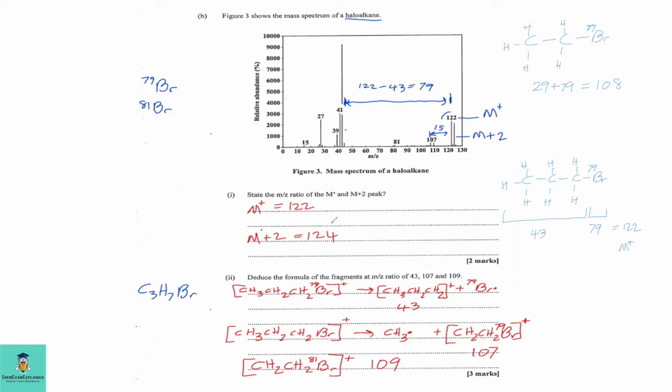So for 124, we use the same Br, but we're going to change the type of bromine. So this time, instead of bromine 79, we use bromine 81. So if you add 43 plus 81, you end up with 124.